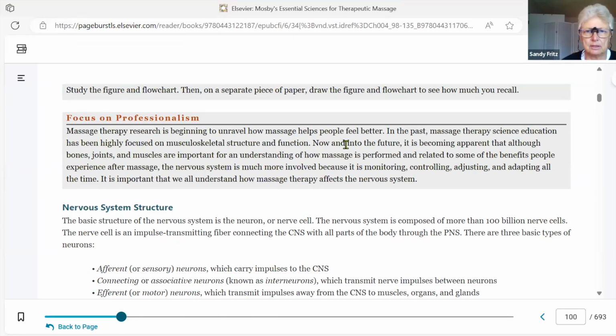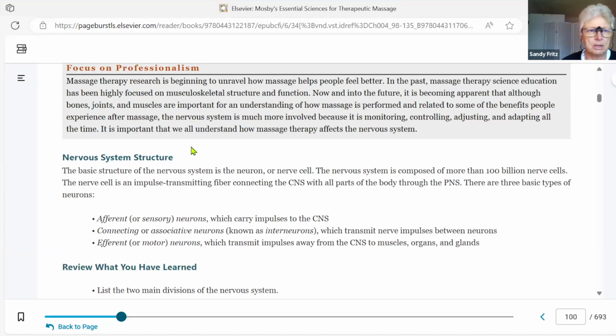And this is going to relate to what I just got done talking about. So nervous system anatomy, the actual structure of it, I've alluded to these. We've got afferent or sensory neurons that carry impulse. And then we've got connecting or associative interneurons, which spread the message around.